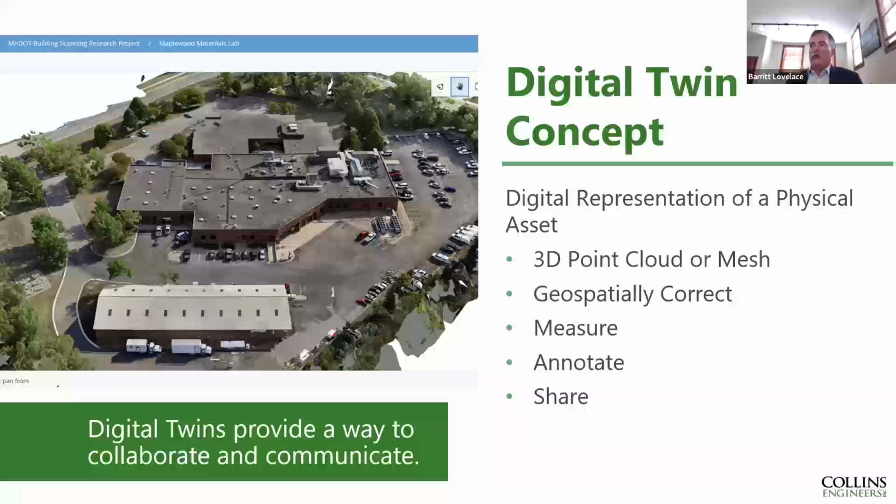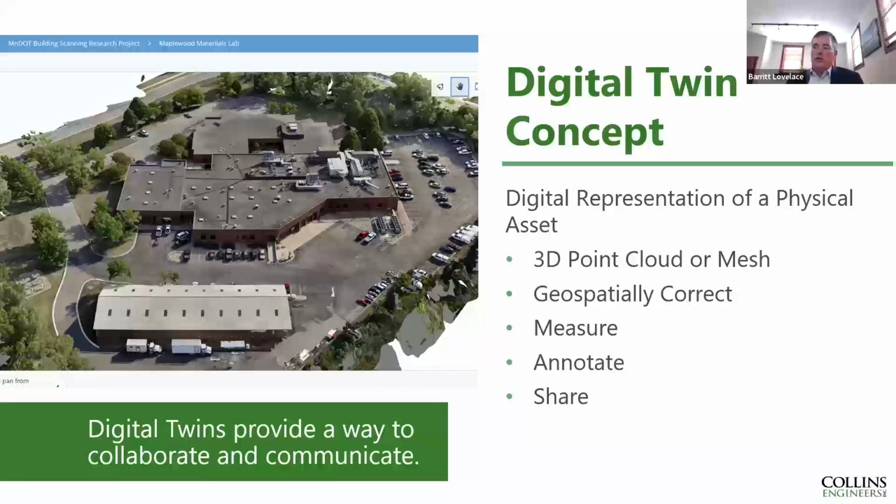And usually that digital twin takes the form of a 3D point cloud or a mesh. We can make it geospatially correct. We can use surveying principles and ground control to make it as accurate as we need it to be, and to make it accurate for measurements, but also accurate in the world geospatially.